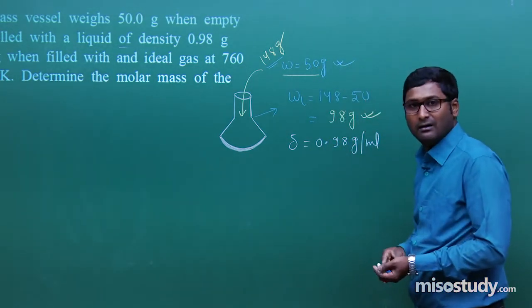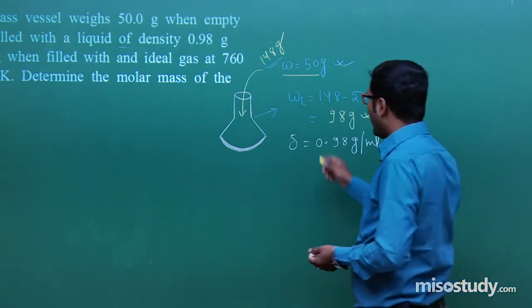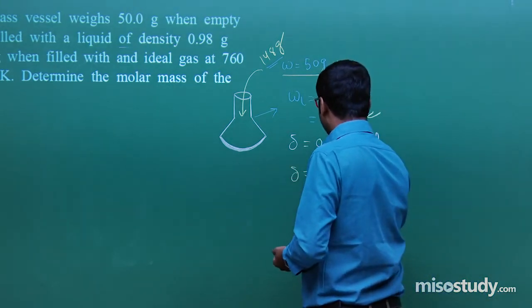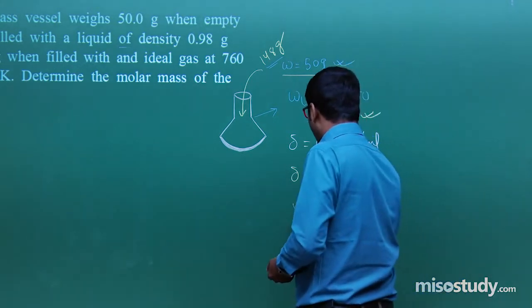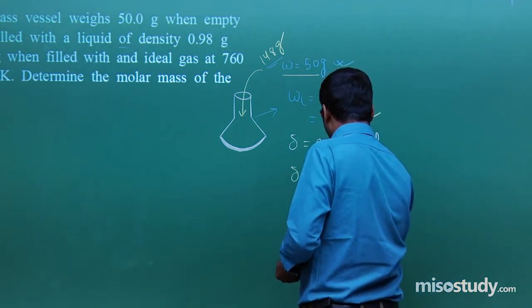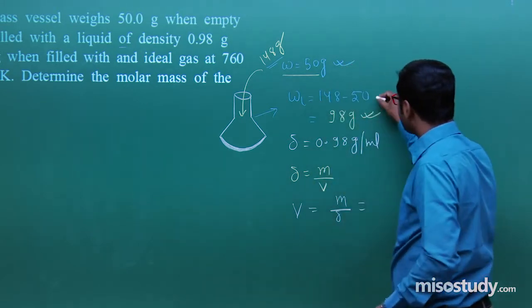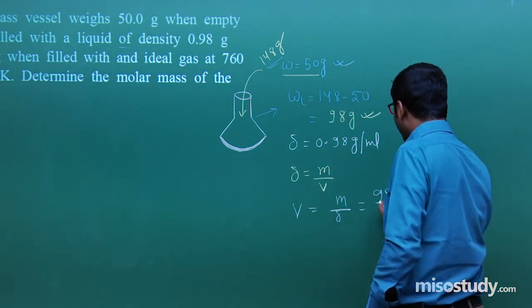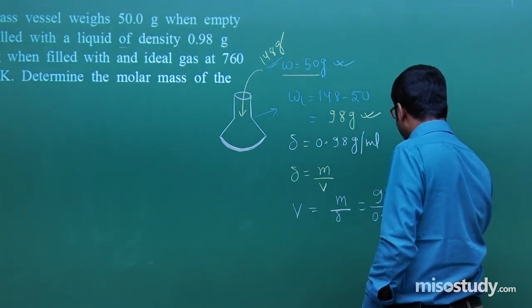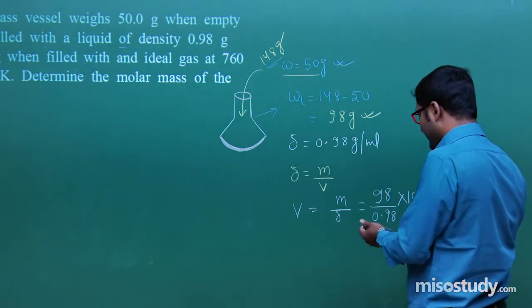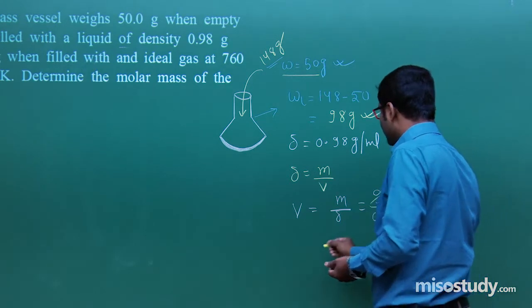Clear friend? Now as we know, density is equal to mass upon volume. So what will be the volume? Volume is equal to mass upon density. Now tell me the mass of the liquid, that is 98, and the density is 0.98, multiply by 100. Clear to you? This will cancel each other.